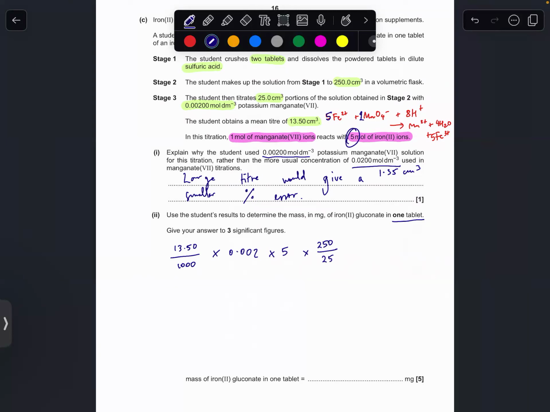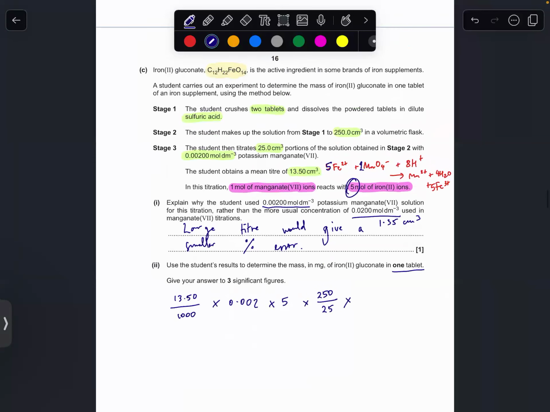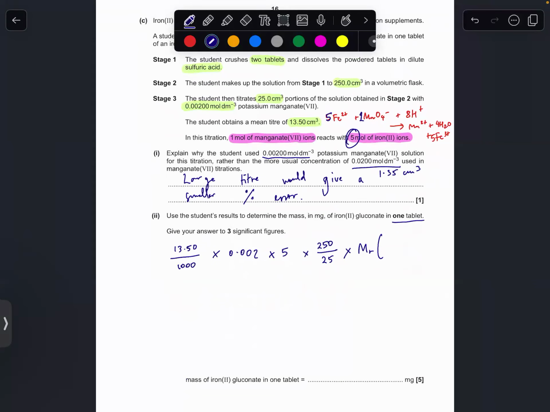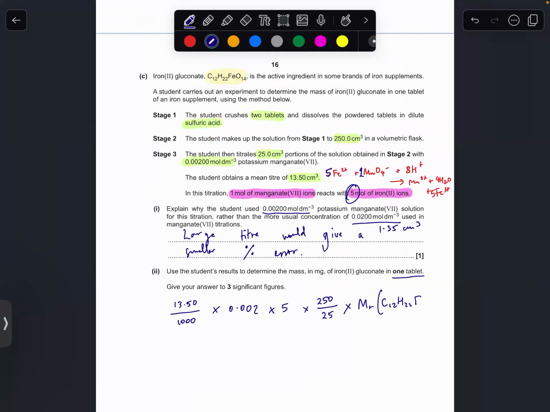Once you've got the moles of iron, you then multiply it by the molar mass of iron 2 gluconate, which is C12H22FeO14.